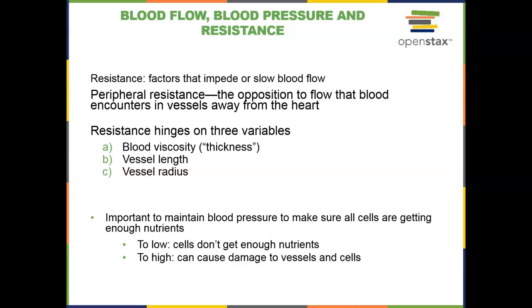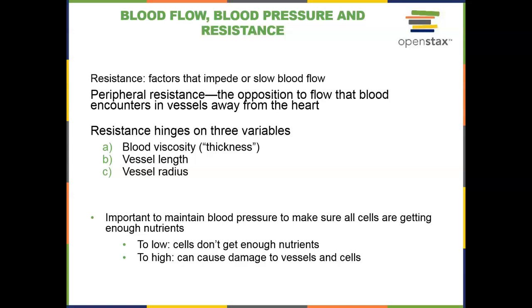And then vessel radius. The radius is like the size of that lumen. You're looking at that lumen size. Radius is from the middle of that lumen to the edge of the lumen of a blood vessel.